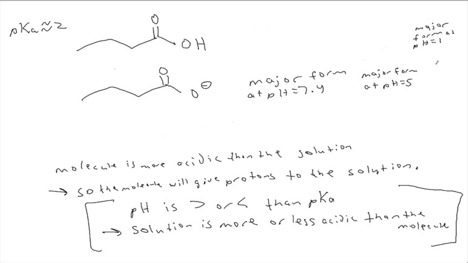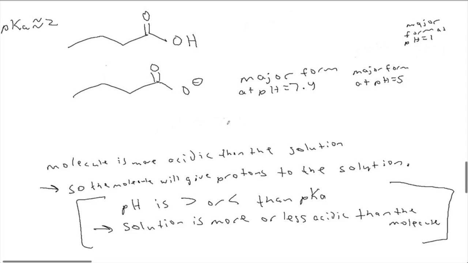And so the one that is deprotonated is the most favored. Yeah, because the molecule will be giving protons to the solution. If the molecule is more acidic than the solution, the molecule will be giving protons to the solution, and after the molecule gives a proton to the solution, it'll be left in its deprotonated form.